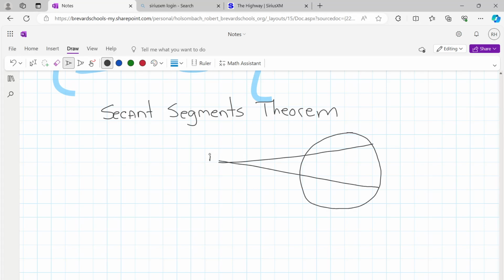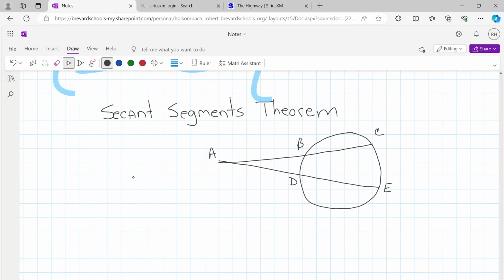And we'll label these vertices A, B, C, D, and E. And the secant segments theorem is very wordy, so we're going to try to eliminate a lot of the words, and we're going to write some formulas.